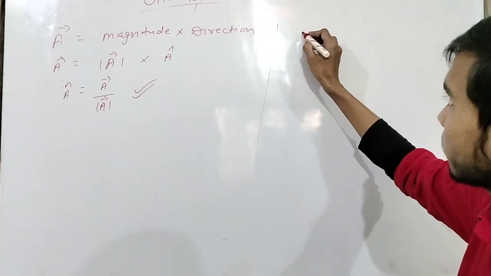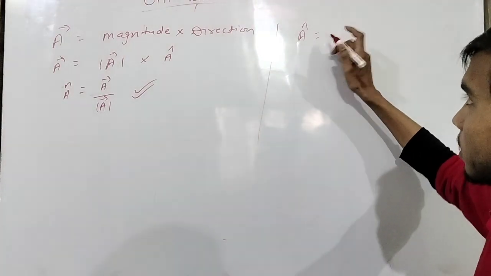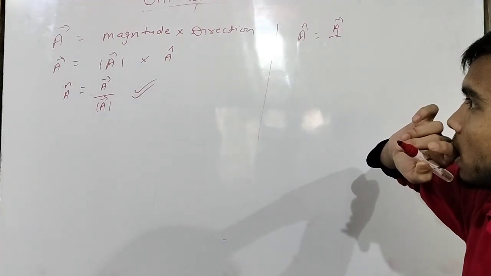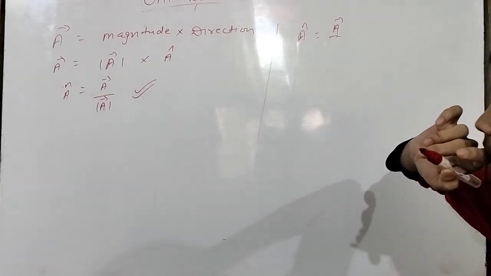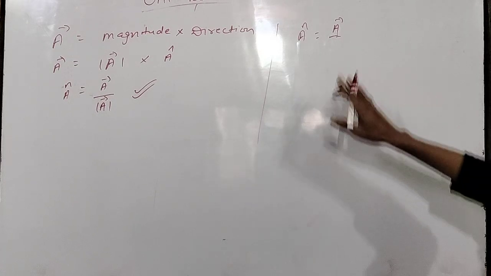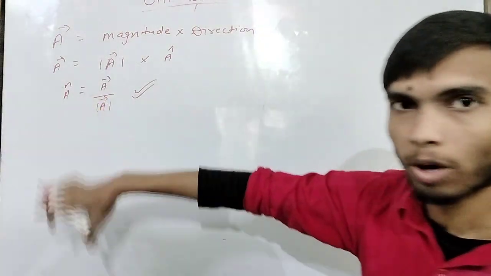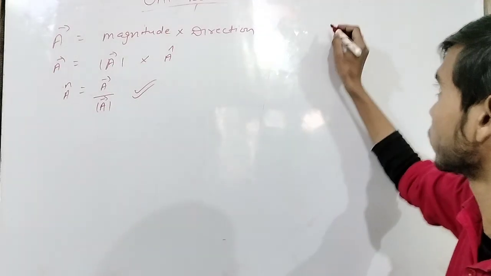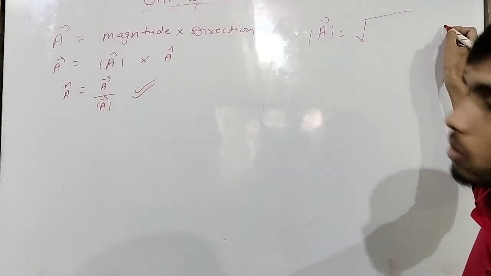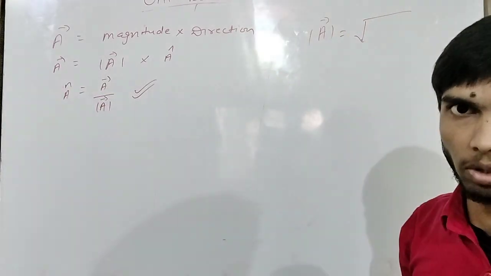When you simplify this, you will get 1. How? Let's see. When you want to get the magnitude of any vector, then just use this: under root of magnitude square plus magnitude square plus magnitude square, like that.